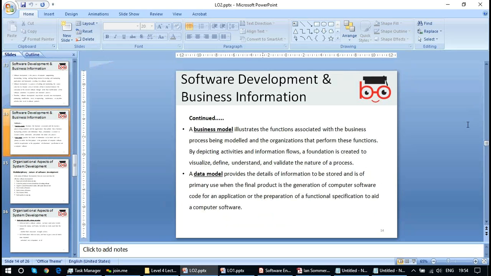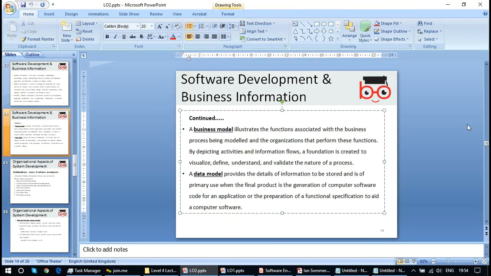A business model illustrates the functions associated with the business process being modeled and the organizations that perform these functions. By depicting the activities and information flows, a foundation is created to visualize, define, understand, and validate the nature of the process.